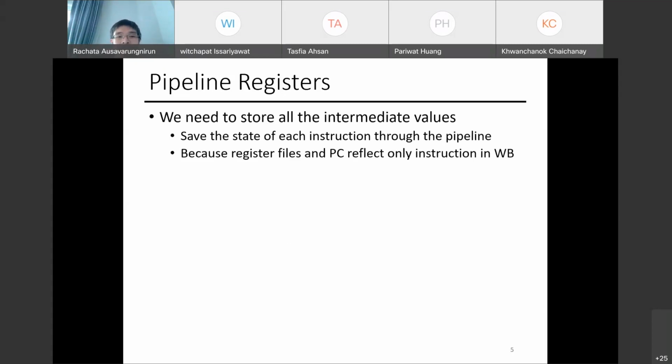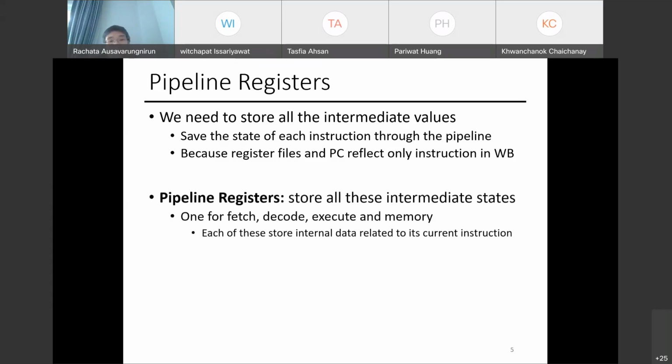Why is that okay? Because the register files and the PC only reflect the instruction at the write back. The rest, we just need to store this temp value that we can read and write internally. The keyword here is internally within the hardware. We will not care whether the programmer is aware of this or not, because they don't need to see it, right?